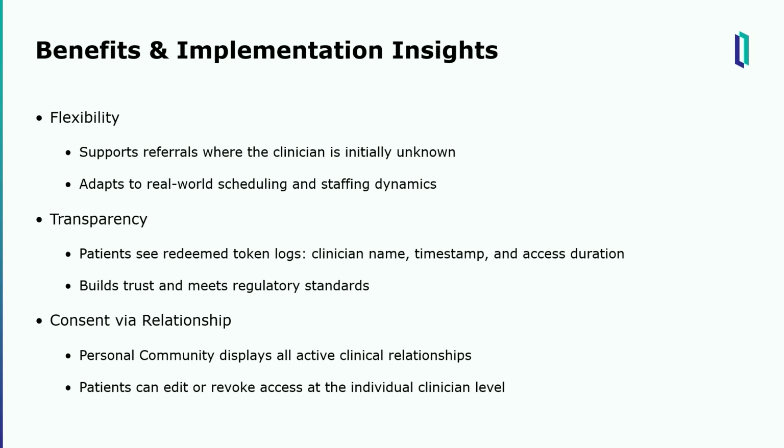We have the GDPR, with all the patient rights, where you as a provider have to supply all the information on whoever is accessing or was able to access your data. So this is building on this. And as mentioned before, we used the consent via relationship, so we could integrate all of this seamlessly in the personal community with the same look and feel. And you can just edit and revoke it immediately.